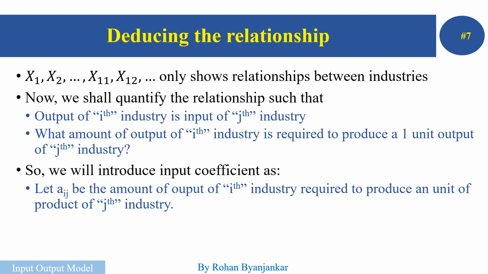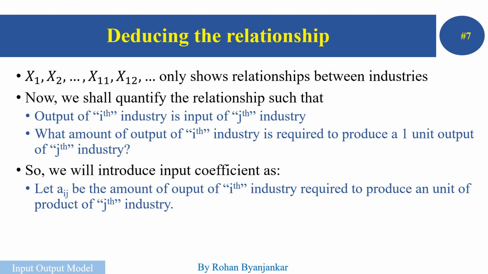Then what amount of output of the ith industry is required to produce a unit output of the jth industry? This is the fundamental question, and this question quantifies the relationship between the output of the ith industry and the output of the jth industry.